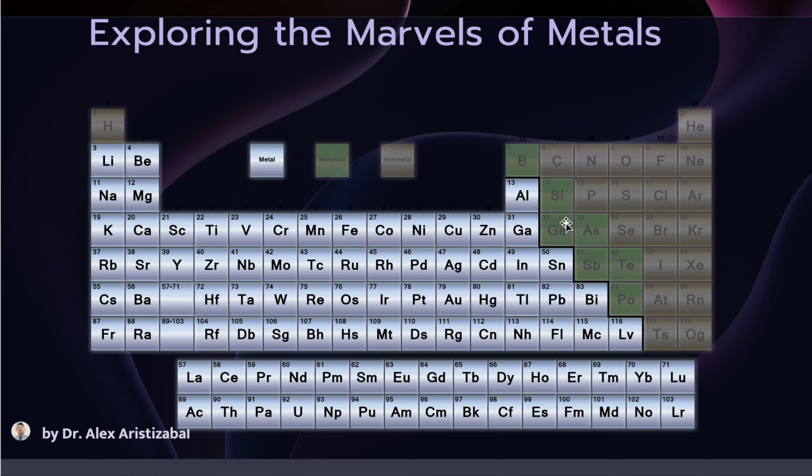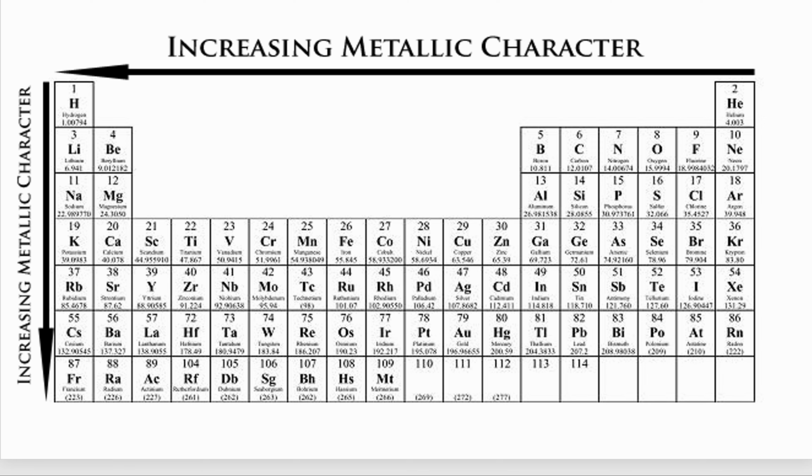Okay, here we can see the metalloids as well, and we're going to discuss a little bit more about the metalloids later on. So, generally speaking, the metallic character of the elements increases from left to right and also increases from top to bottom. So the elements on this corner are considered more metallic. The elements right here are completely non-metallic.